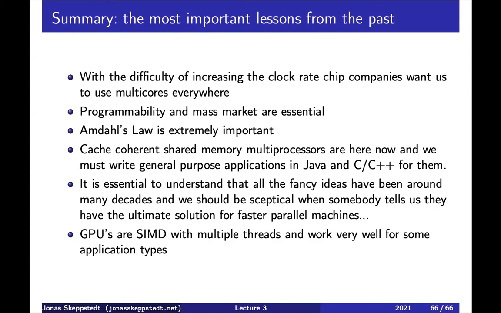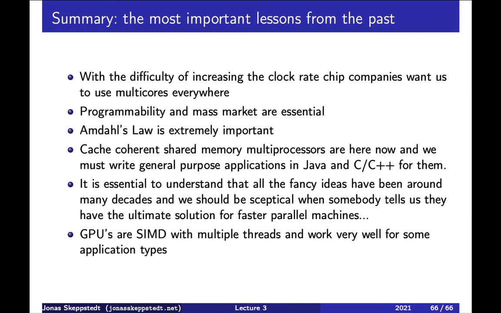Okay, and as we saw, Amdahl's law is extremely important, and cache-coherent shared memory multiprocessors, they are here now. If we want performance in our Java, C or C++ programs or other languages, then we must understand how to exploit this kind of machine as well as possible.